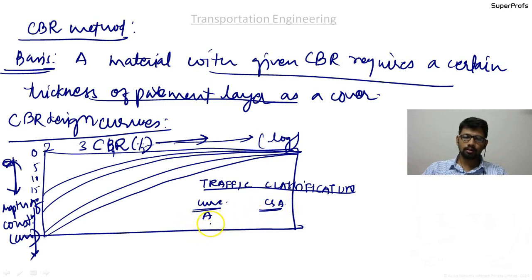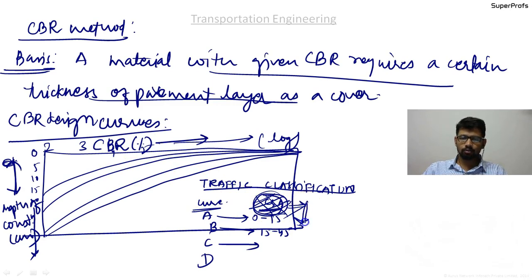Here curves A, B, C, D, and they have given the number of commercial vehicles: 0 to 15 for curve A, and curve B is for 15 to 45, and like this. Since it is the actual CBR diagram that I am discussing, it is not CSA but the number of commercial vehicles. But please understand what the data in this is.